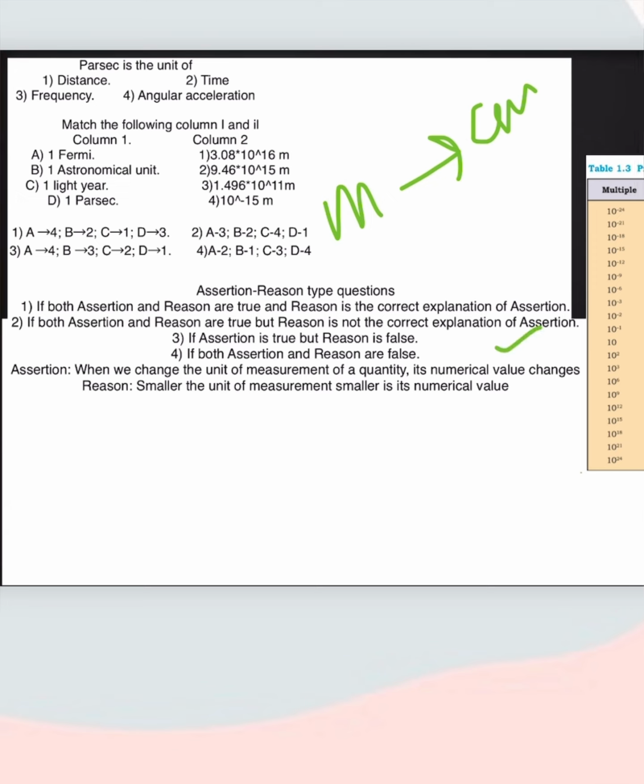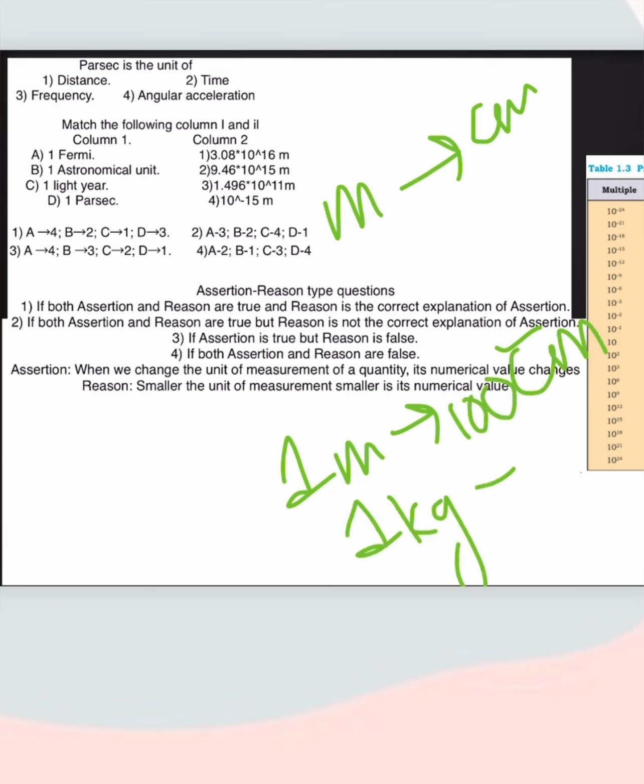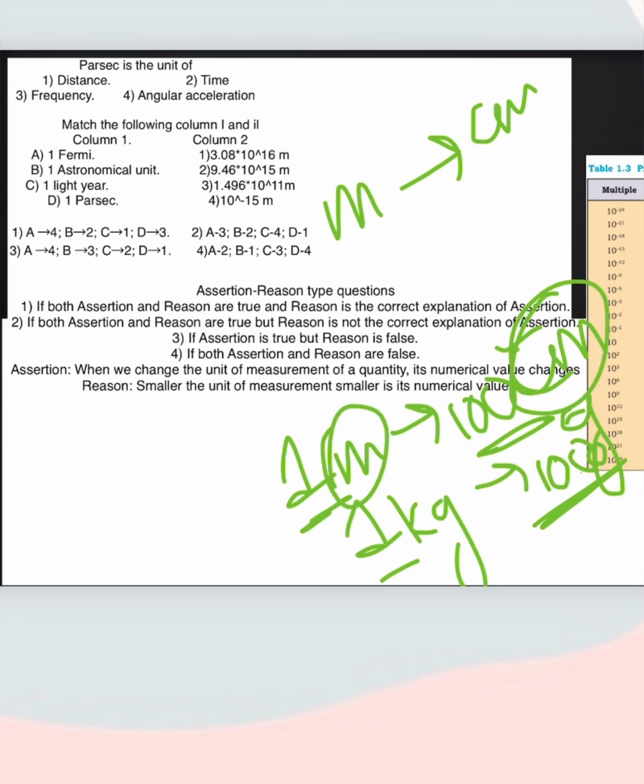This is true. If we change 1 meter into centimeter, 1 meter is equal to 100 centimeter. If we change 1 kilogram into gram, it becomes 1000 gram. When we change the unit, the numerical value also changes.